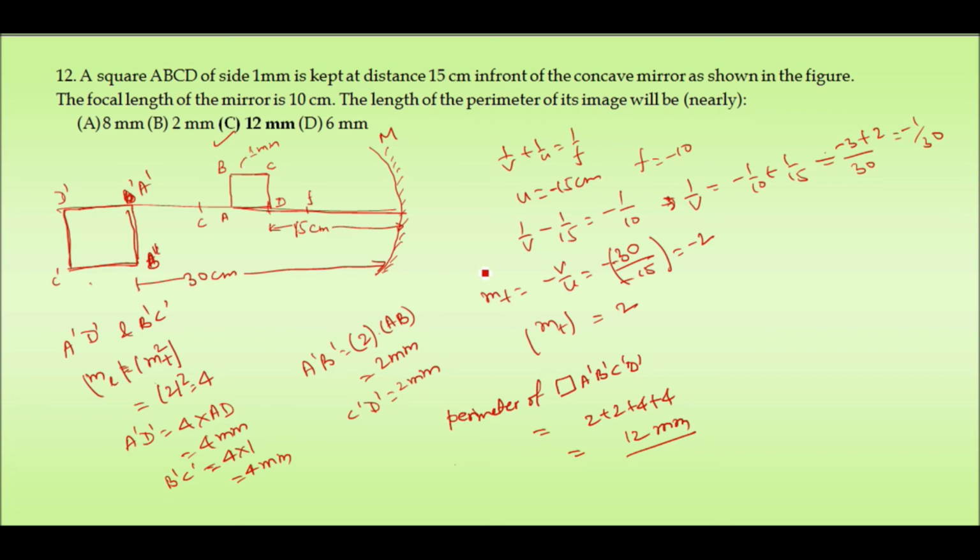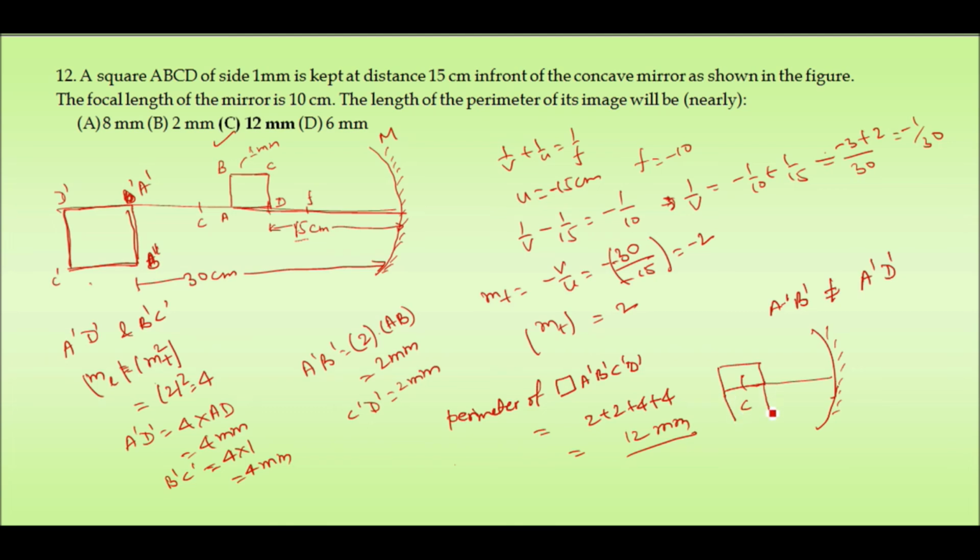So if you see here, A dash B dash is not equal to A dash D dash, so it's a rectangle, and the image of a square is formed as a rectangle. The only exception is if this square is placed at the center of curvature.